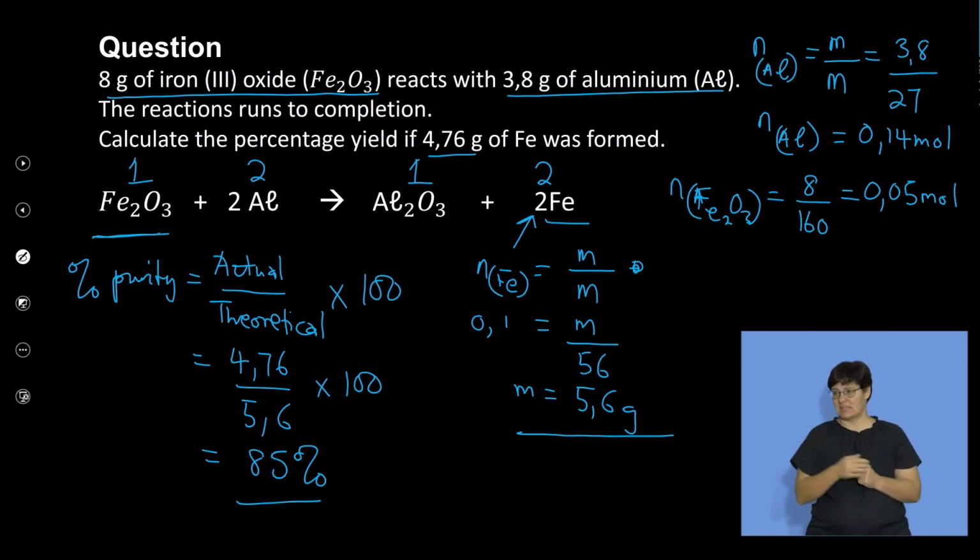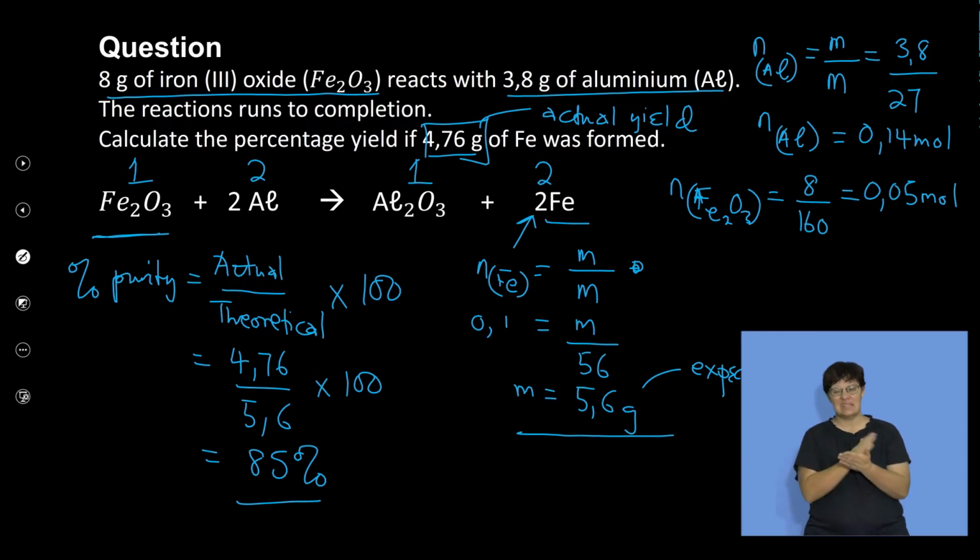So this is what is expected. But in reality, this was formed. So this is the actual yield. These are some of the ideas that must obviously come to mind, right?